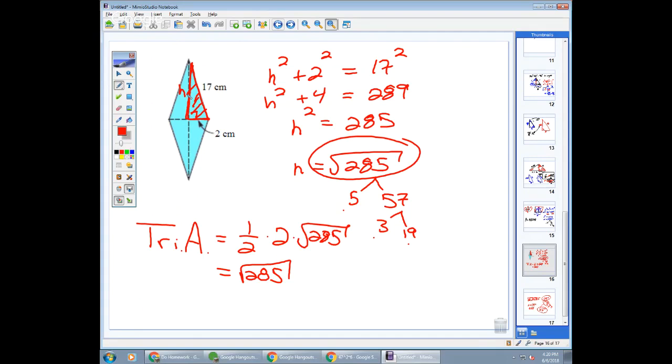So like you said, if we multiply that by 4, that should be the area of this rhombus. Sorry, 4 times the square root of 285 should be the area there. Did that help? A little bit? Taylor? Yeah.